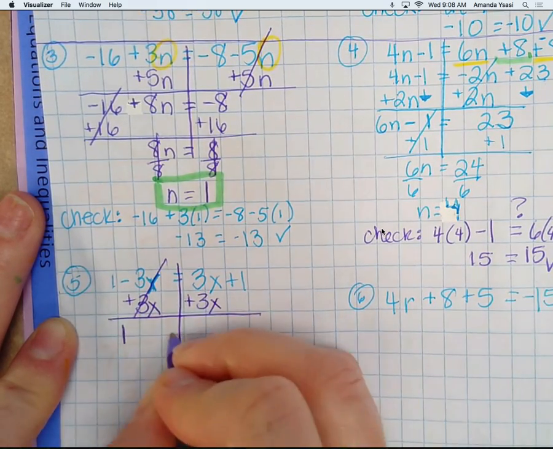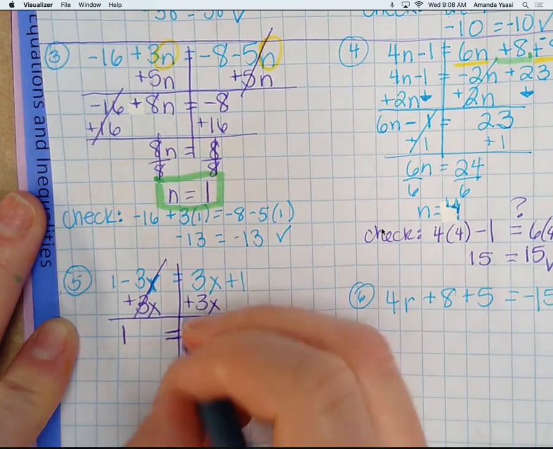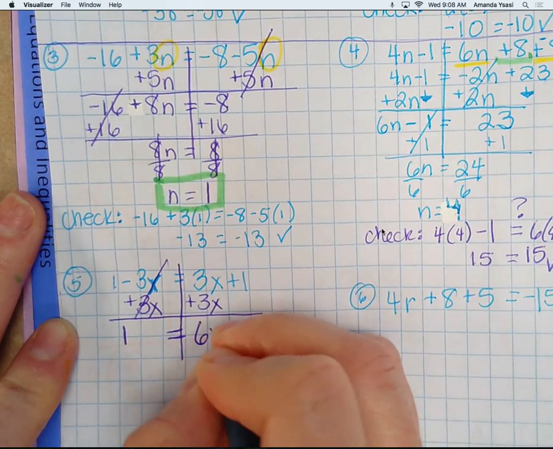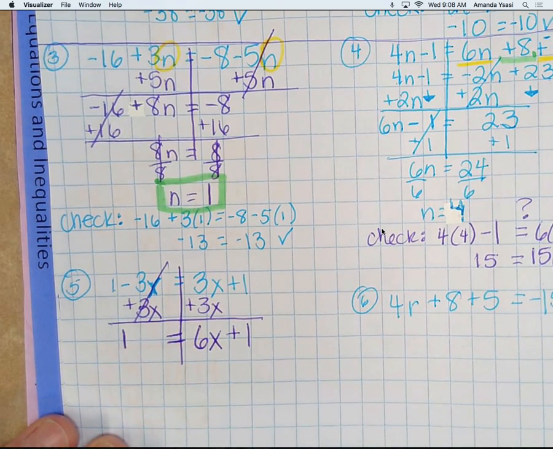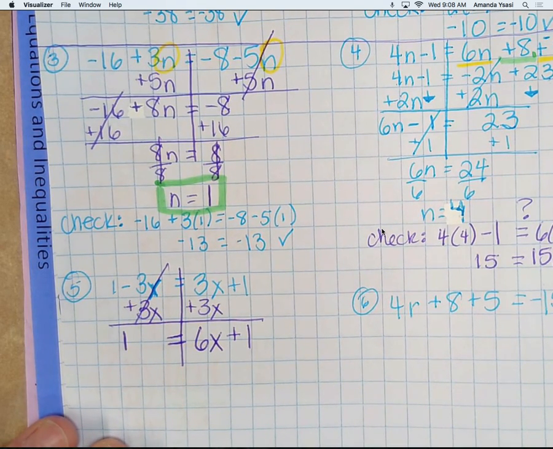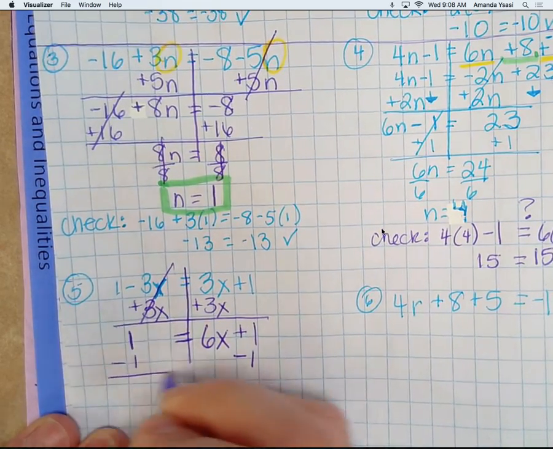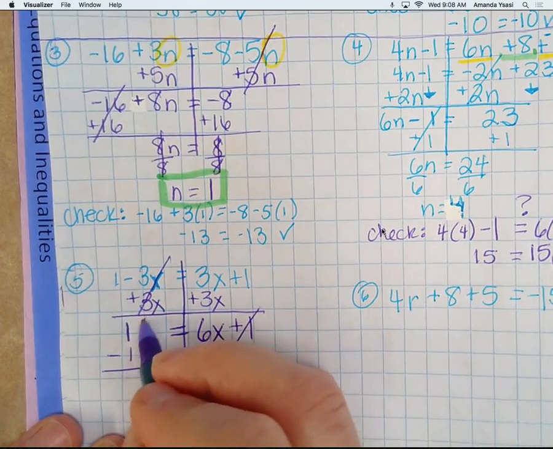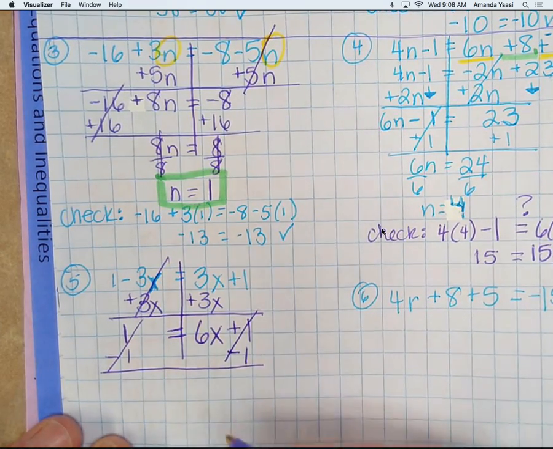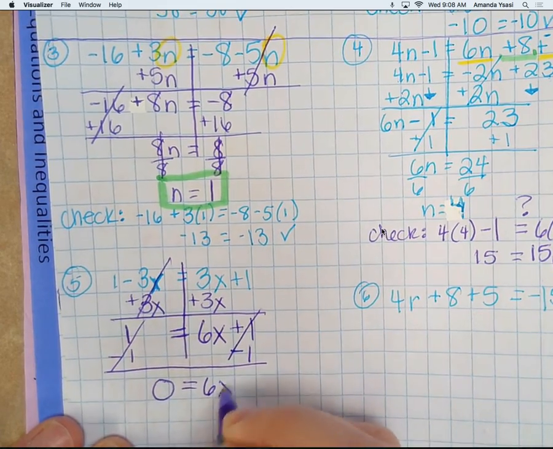Carry down the 1 equals 3x plus 3x. 6x plus 1. Subtract 1 on both sides. One minus 1, that is 0, equals 6x.